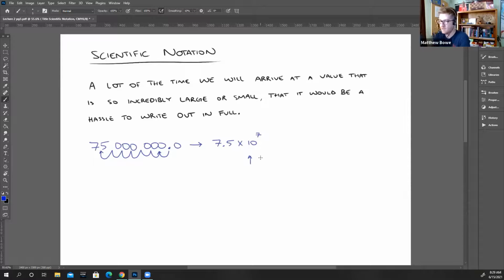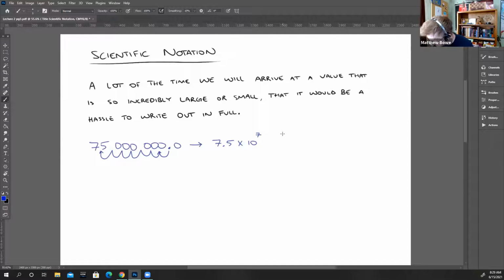A lot of scientific calculators have an exponent function, or maybe even a times 10 scientific notation function. In any case, this is easier to handle because it's only this value you're multiplying. So that's a large number.